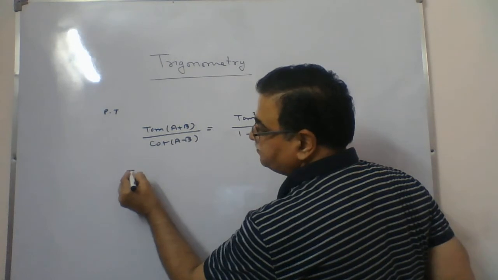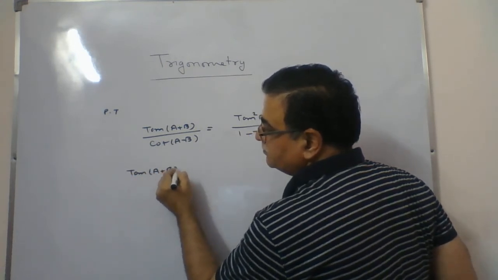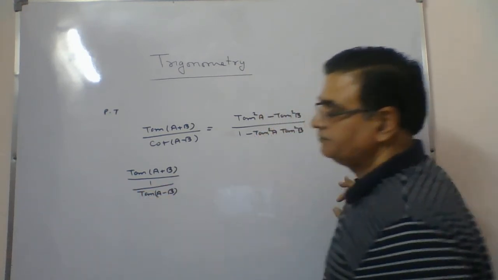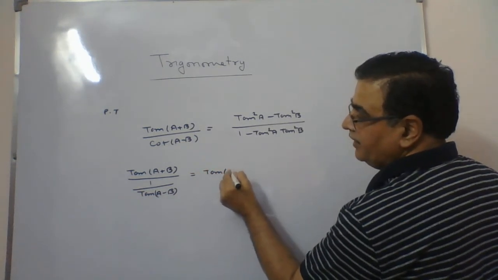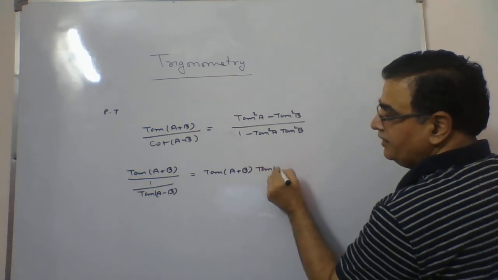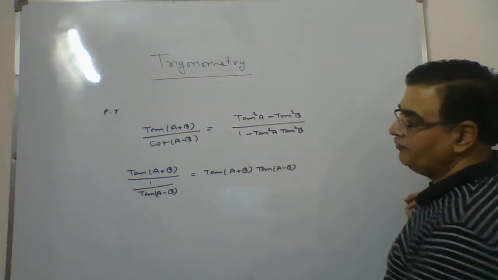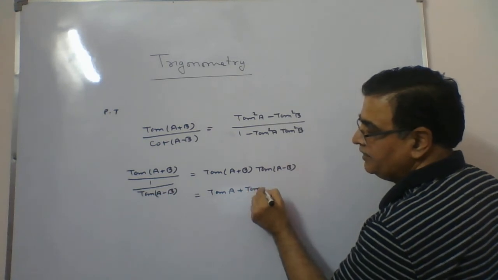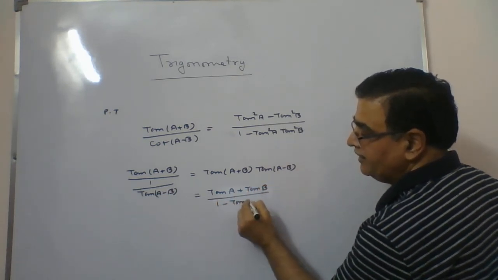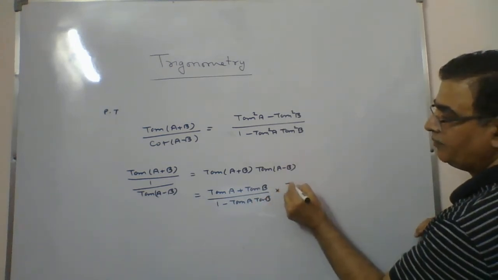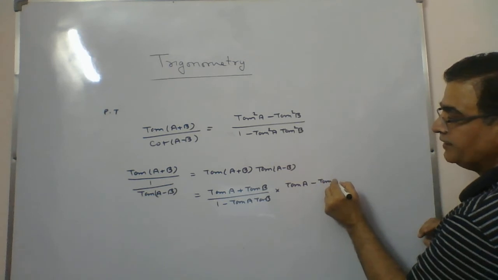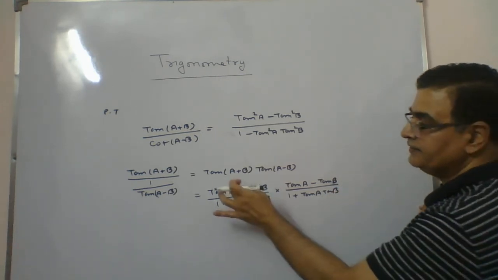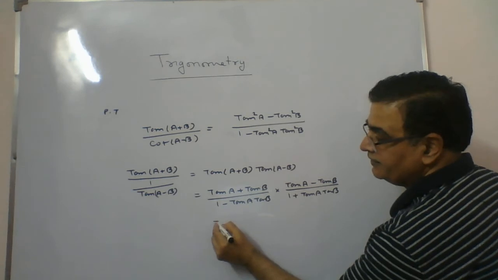Tan A plus B, and here we will write this as 1 by tan A minus B. Then when you solve it, it will come out to be tan A plus B into tan A minus B. Now when we have tan A plus B into tan A minus B, formula is there for it, tan A plus tan B by 1 minus tan A tan B. And here it will come out to be tan A minus tan B by 1 plus tan A tan B. Now it is A plus B, A minus B. So formula says A square minus B square.